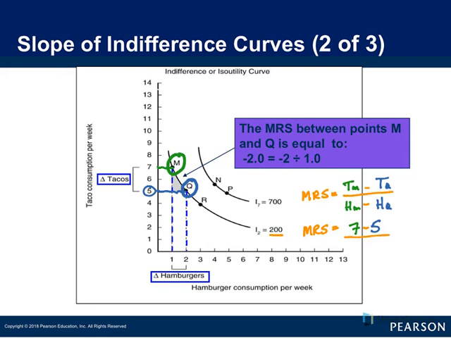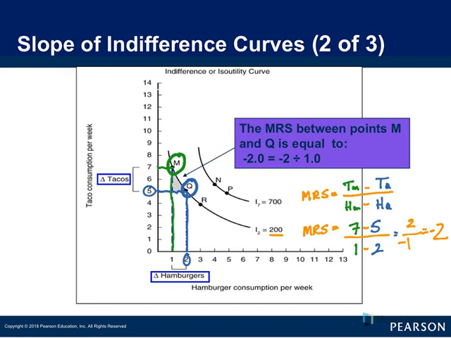So we look at the number of hamburgers we had again at point M, which gives us the 1, and then subtract the number of hamburgers we see at point Q, which gives us 2. And when we do all the fancy math, we end up with 7 minus 5, which is 2, divided by 1 minus 2, which is a minus 1, and we can simplify that down to a minus 2. So you can see here, the marginal rate of substitution is 2.